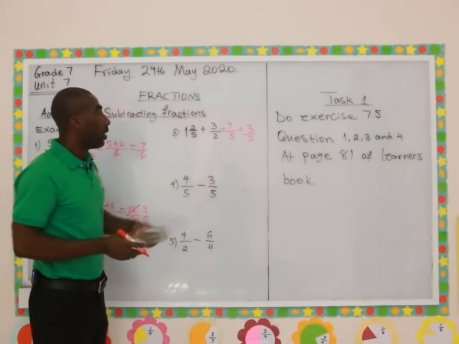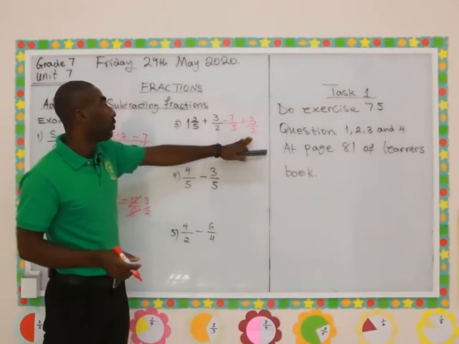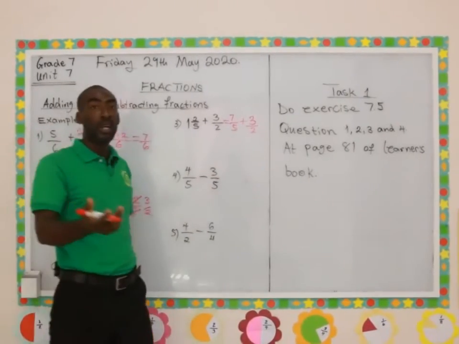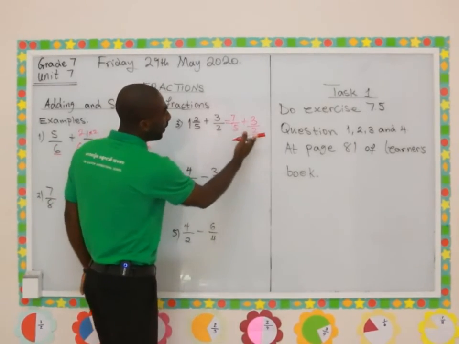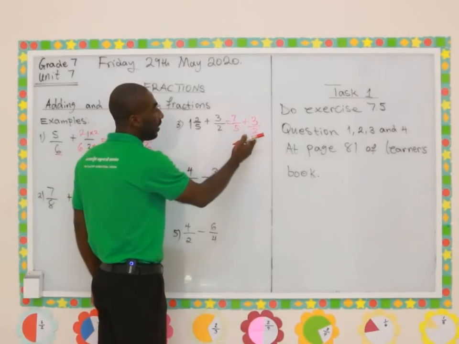Okay, so now we have 5 and 2, which means we need to change our 2 to be the same as 5 before we can go ahead and do our addition. So is it really possible to change our 5 and 2 to have the same thing?